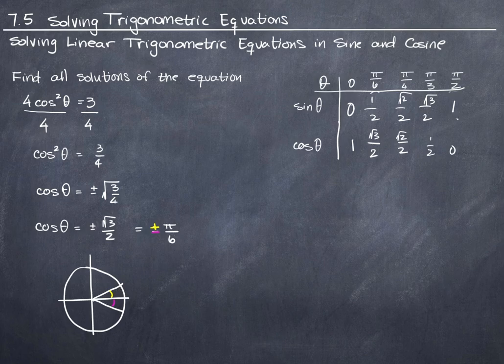So one solution is pi/6 plus 2 pi k, where k is an integer. Another solution is negative pi/6 plus 2 pi k.